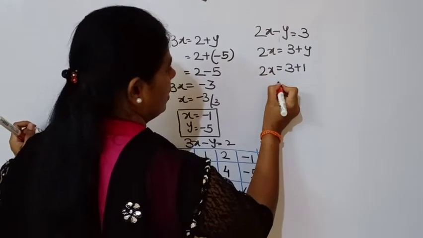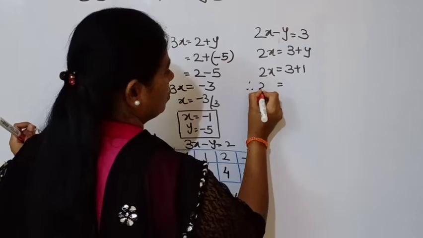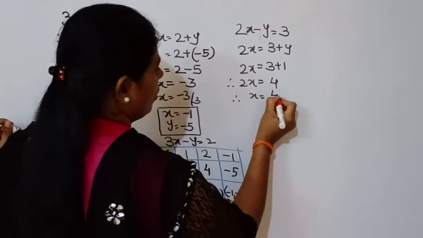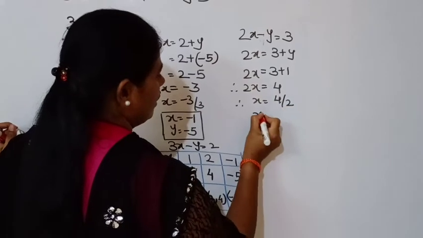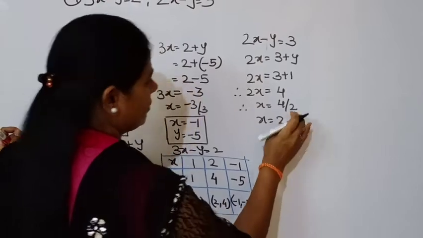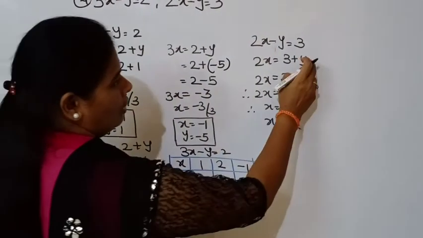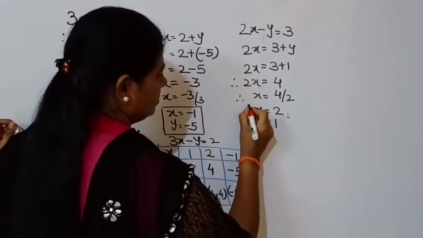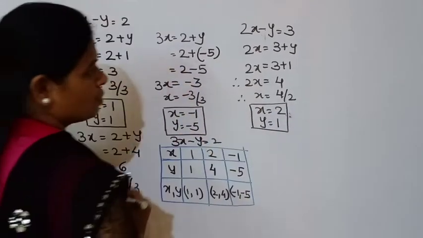So 2x equal to 3 plus 1, which is 4. Therefore x equal to 4 upon 2. That will be the value of x, that will be 2. 4 divided by 2 is 2. Now the value of y we have taken is 1. So y is 1. This is our first point.